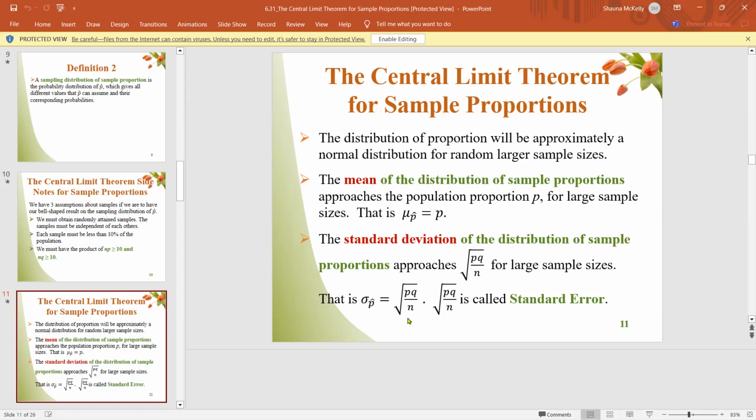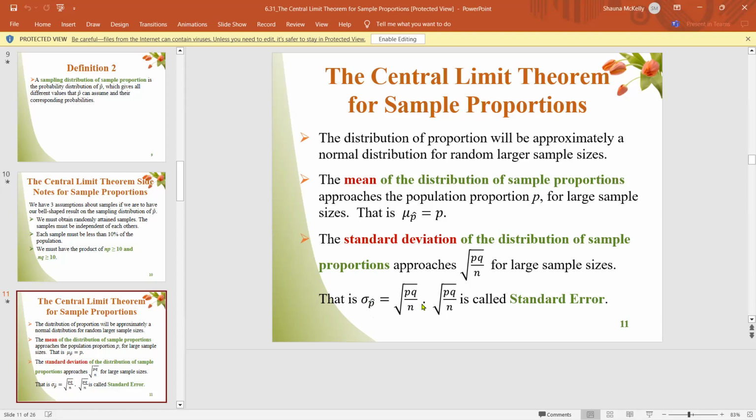Yeah. Wait, is this multiplied? Sigma p hat equals this and then times that? Are you talking about right here on the bottom? This is not multiplied. This is just telling you that this sigma refers to the sigma that's associated with the sample proportion. Oh, the second part, this is just a period.